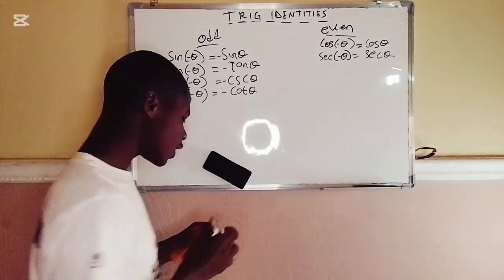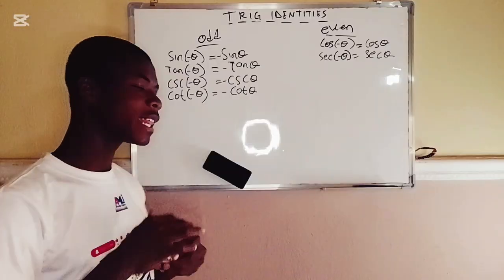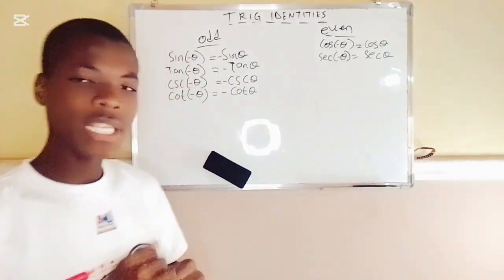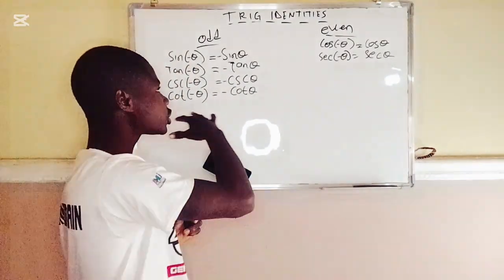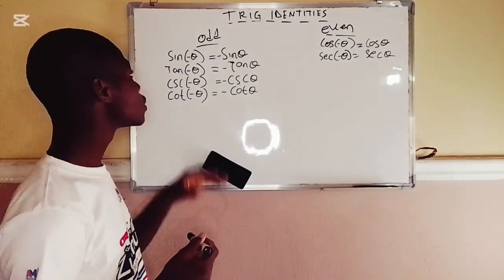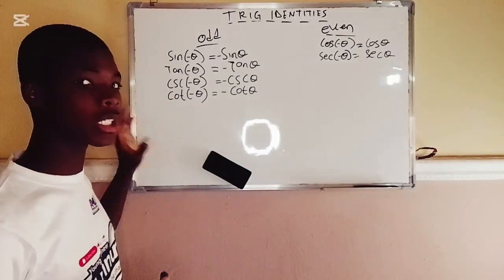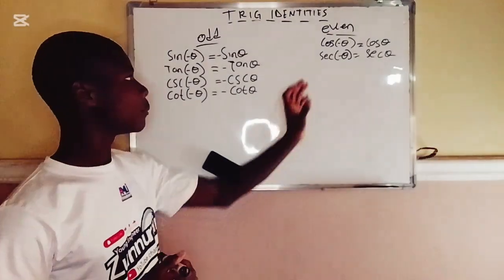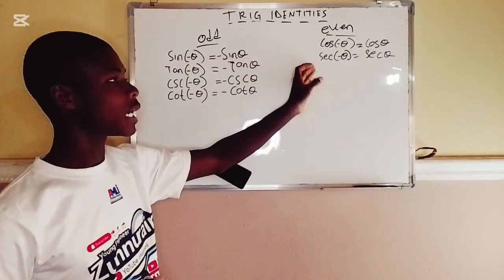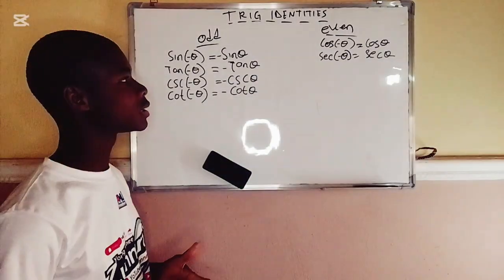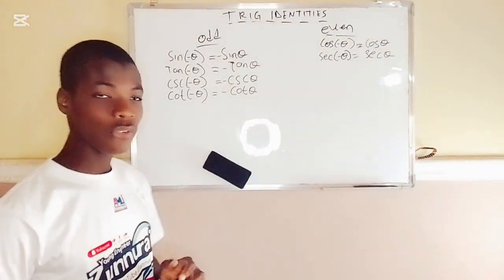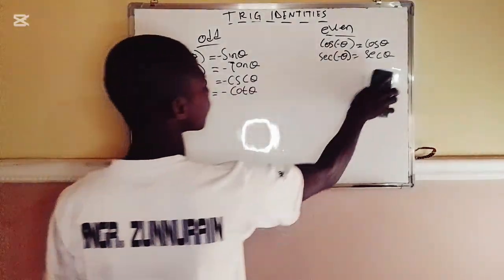So whenever you are asked whether sin theta or tan theta is even or odd, inshallah you can differentiate it. So sin, tan, cosecant, cot are odd. But cos and secant are even.